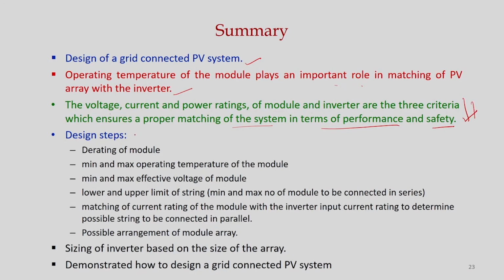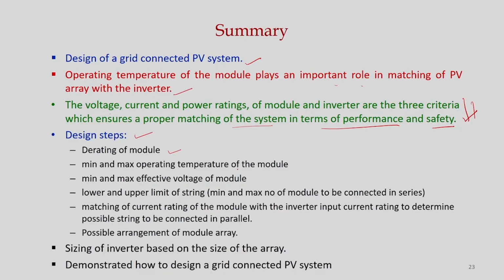And for the design methodology we have adopted here, first we calculated the derating of modules, what the different factors are, then the minimum and maximum operating temperatures of the modules, then the minimum and maximum effective voltage of the module, then the lower and upper limit of strings, then matching the current rating of modules with the inverter input current ratings to determine the possible strings to be connected in parallel, and finally the possible arrangement of the module array, and sizing of the inverter based on the size of the array.